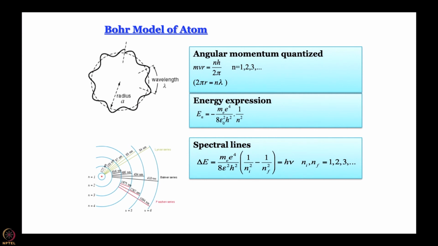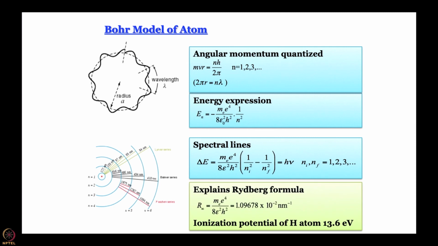So, 1 by lambda would be this expression multiplied by c h, and from there one can obtain a theoretical value of the Rydberg constant, and the value that we get is 1.09678 into 10 to the minus 2 per nanometer. It is precisely the same value that is obtained experimentally. That is the strength of Bohr theory, that we have this experimentally observed quantity which is so precise. Bohr theory can give you that value to the last decimal place.